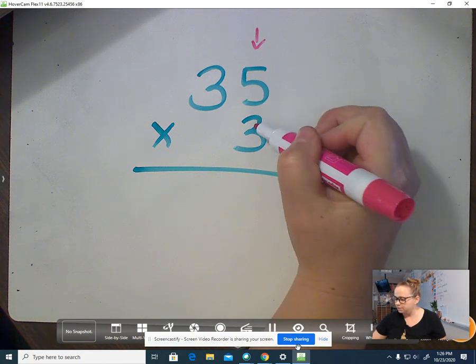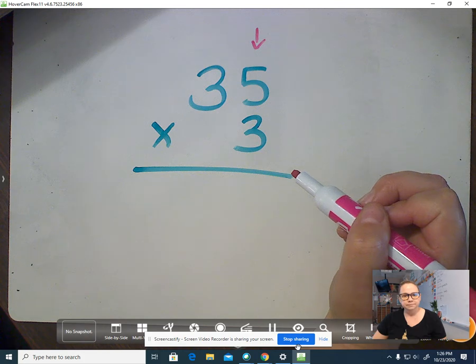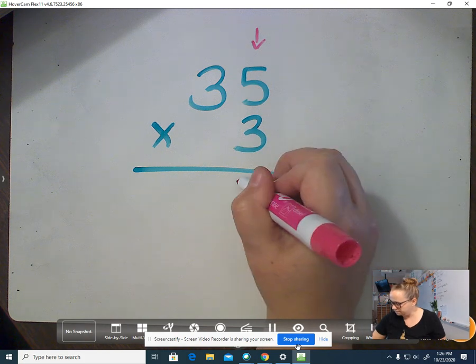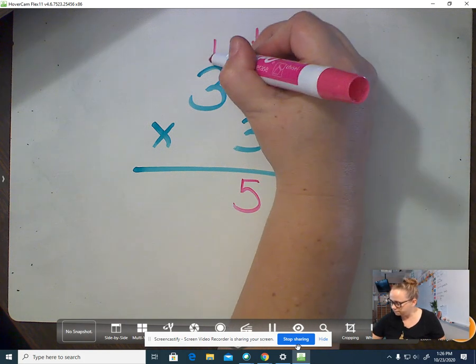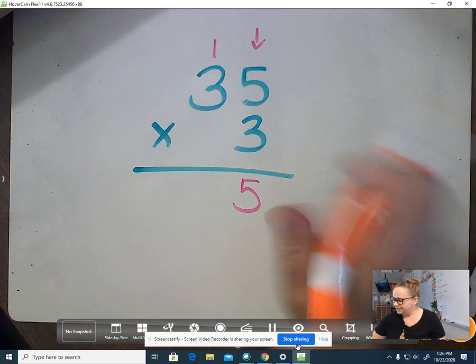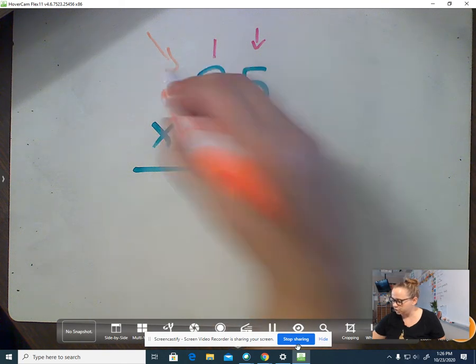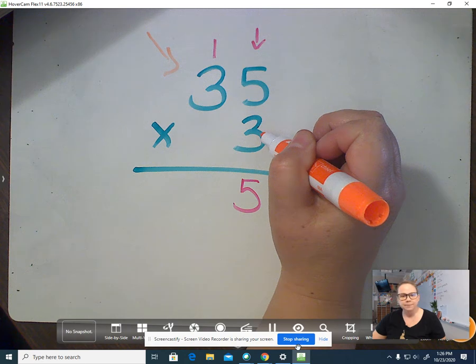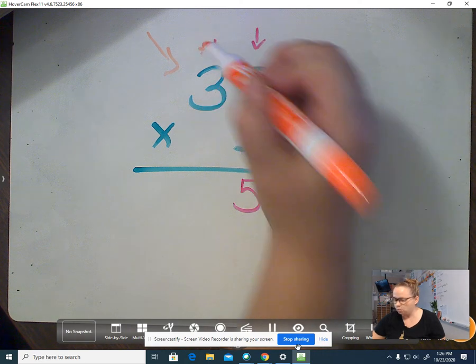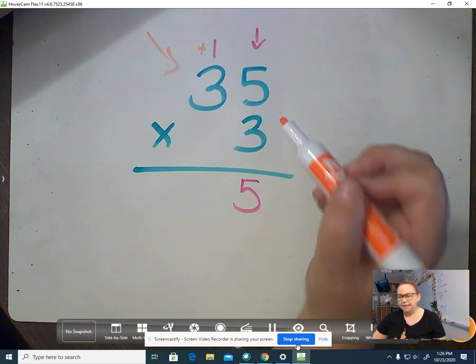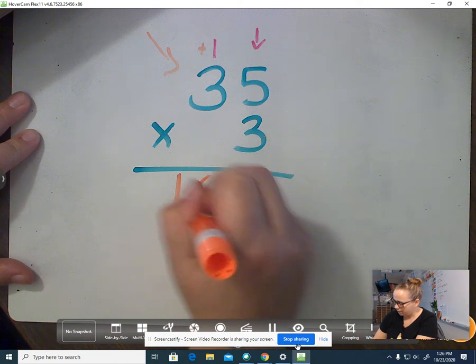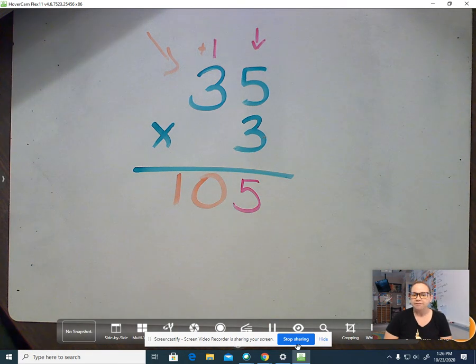So 5 times 3 is 15. Carry the 1. Now we do the diagonal multiplication. 3 times 3 is 9, plus 1 is 10. So our answer is 105. Yeah, are you getting it?